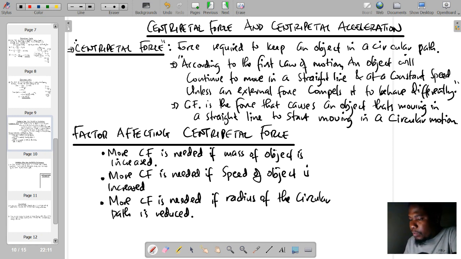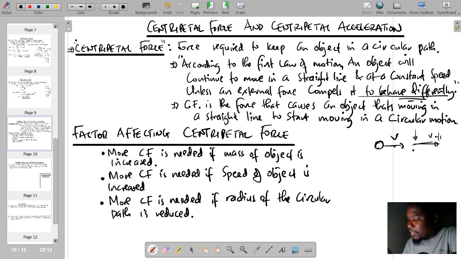What I want you to understand is that normally, according to Newton's first law of motion, if an object is moving with a certain constant velocity, we expect that object will continue to move in a straight line, unless an external force compels it to behave differently.